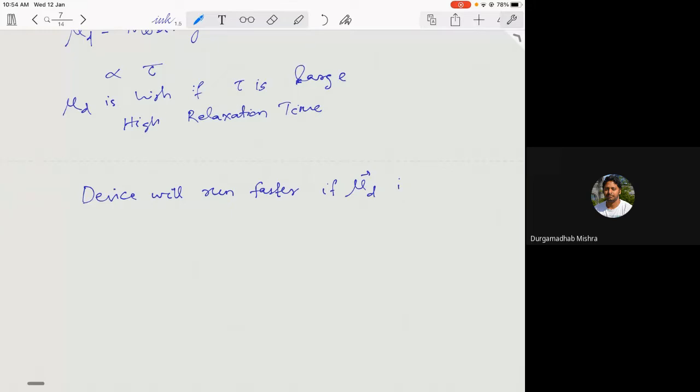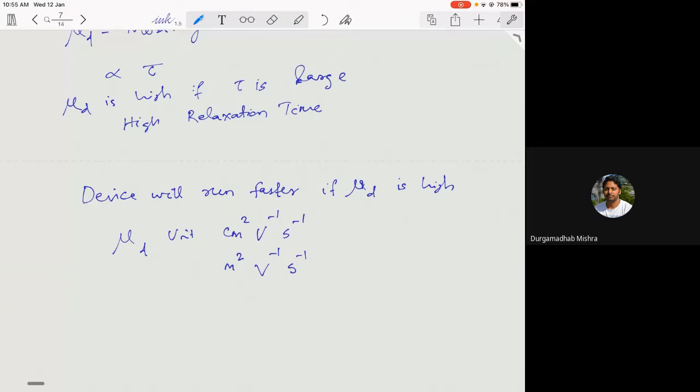And the unit of mu D is centimeter square volt inverse second inverse, or millimeter square volt inverse second inverse. That is the unit.